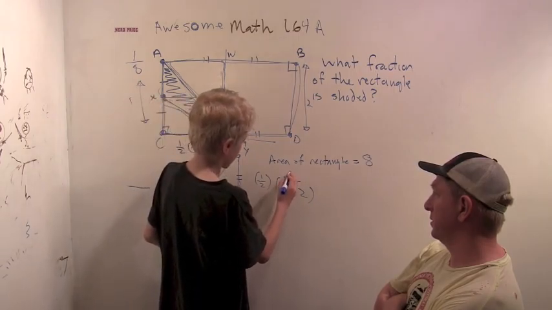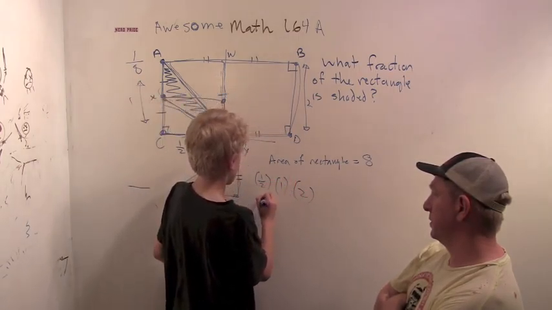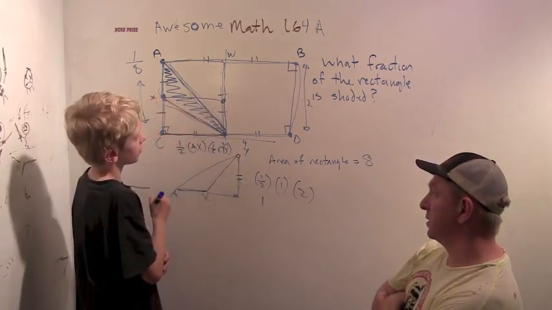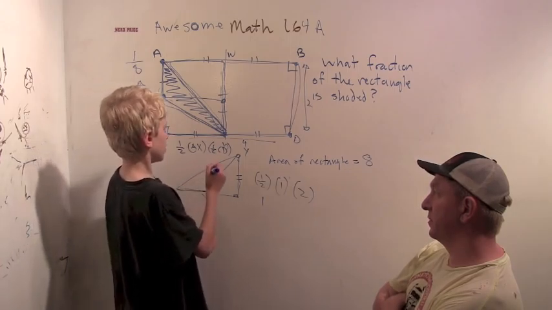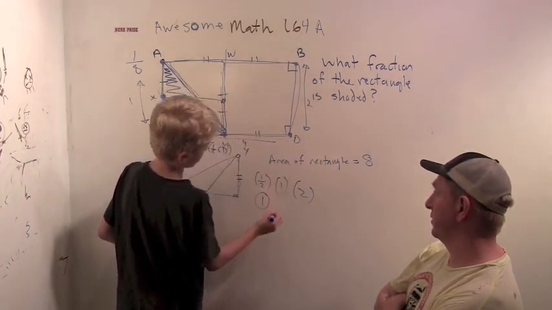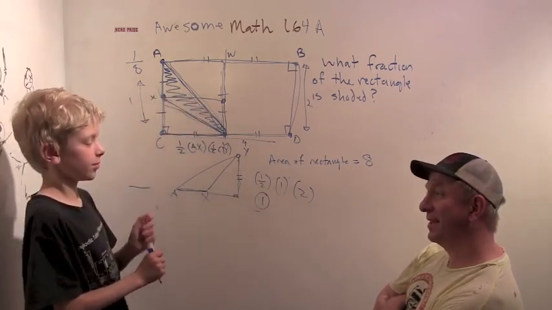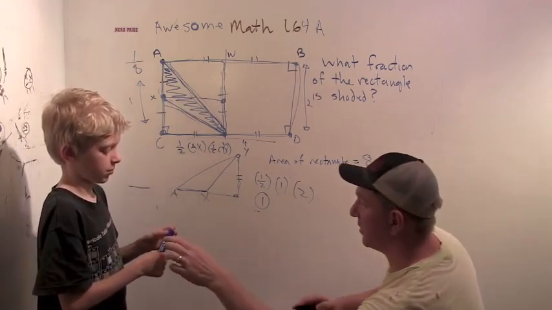So this other side length doesn't matter. Then we have 1/2 times 2, which is 1. So what fraction of the rectangle is shaded in this case? Well, if the rectangle is 8, then 1 is 1/8 of it. So it worked, just what you found. Cool. And you want to see how to do it abstractly?